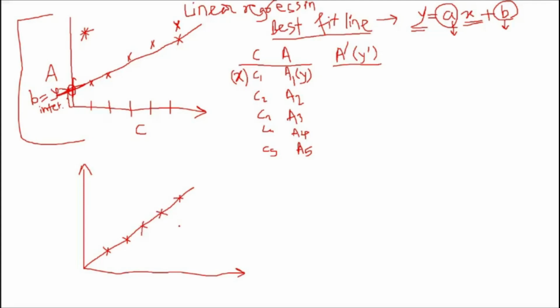Now this is our calibration curve, calibration line. Now there will be one unknown test given to you, a tablet or a solution whose paracetamol concentration you do not know.